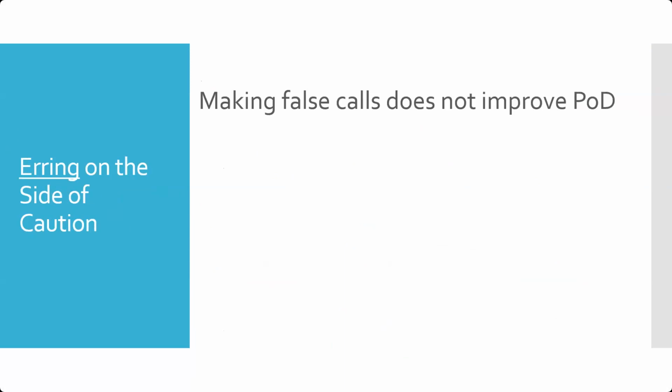So oftentimes, in order to make sure they maintain that probability of detection and confidence level, and also to make sure they don't miss anything, people start erring on the side of caution, but this isn't always a good thing. Making false calls or cautionary calls that end up not being something that needs to be changed doesn't necessarily improve probability of detection.